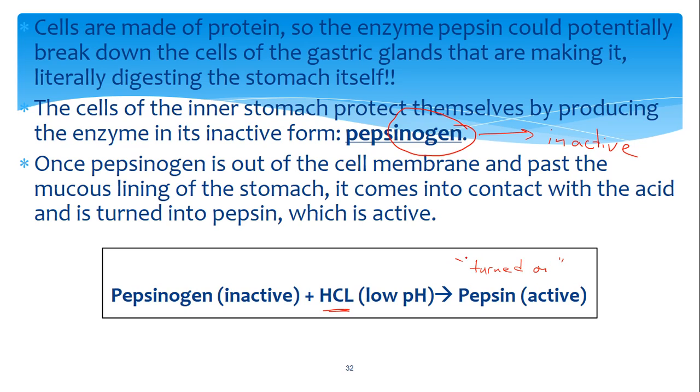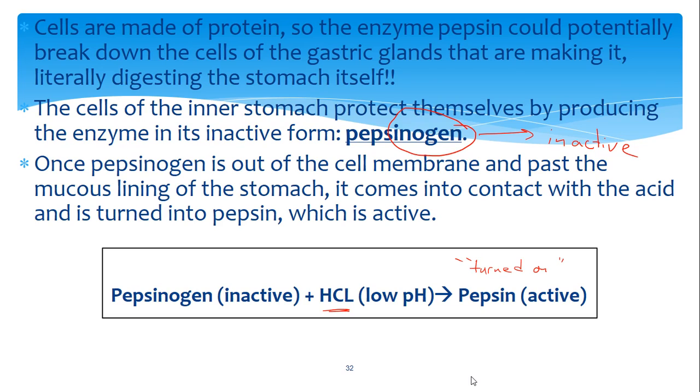And it becomes pepsin. Now, why would nature do this? Why would we evolve this system? Why doesn't the stomach cell just make pepsin? Well, just a minute ago, I told you what pepsin breaks down. What does it break down? Proteins. What is the majority of your cell? Protein. So if the cell made pepsin, what would happen to the cell? It would self-destruct, right? So instead of making pepsin, the cell makes pepsinogen, which is inactive.